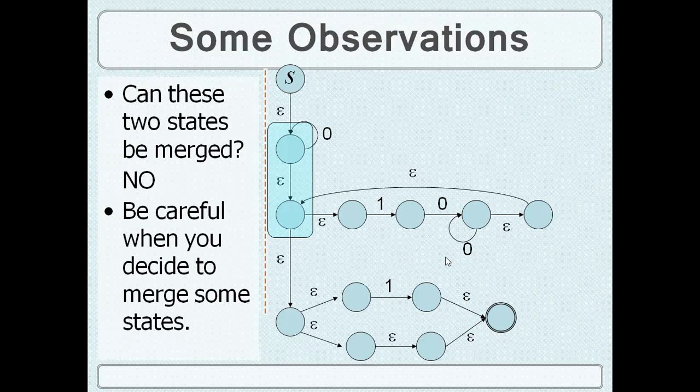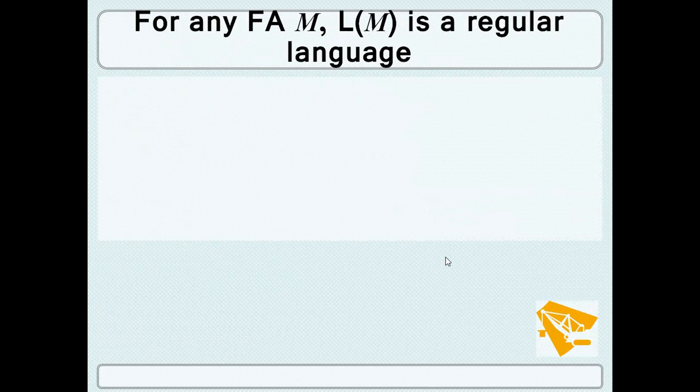Now, if we connect all the pictures as given in the graph or figure, can these two states be merged? The answer is no, because they cannot be merged. So be careful when you decide to merge states.